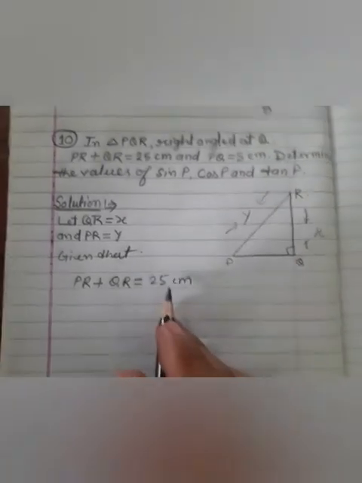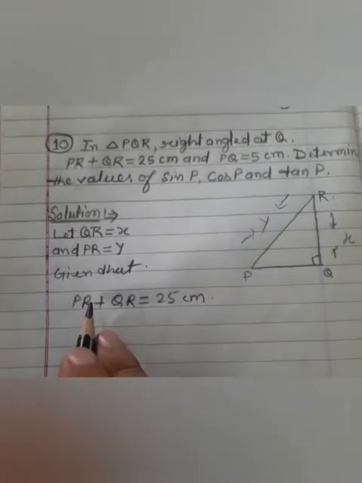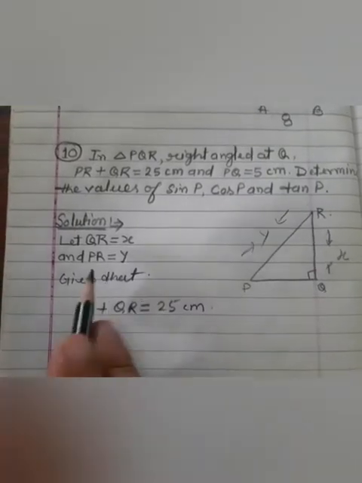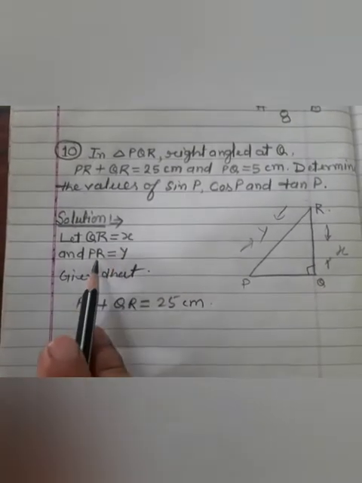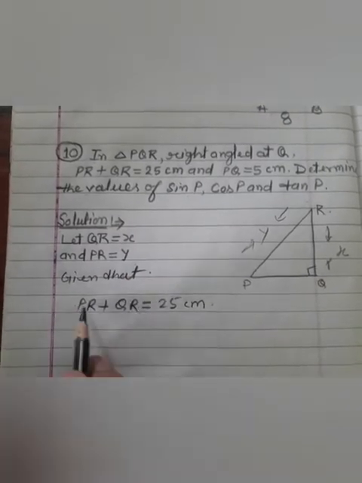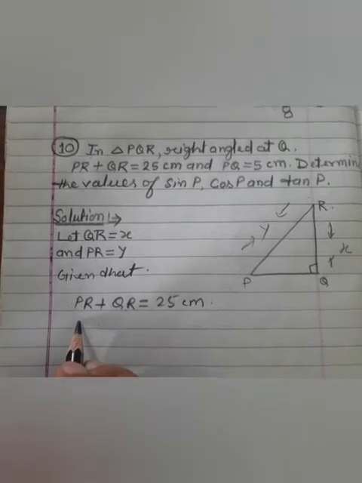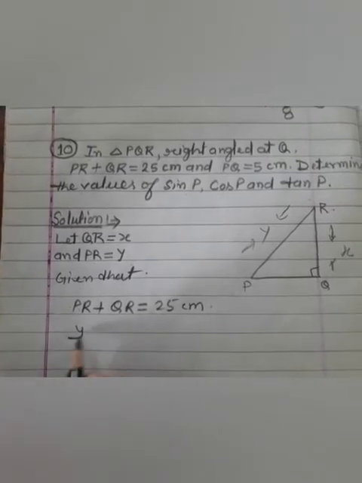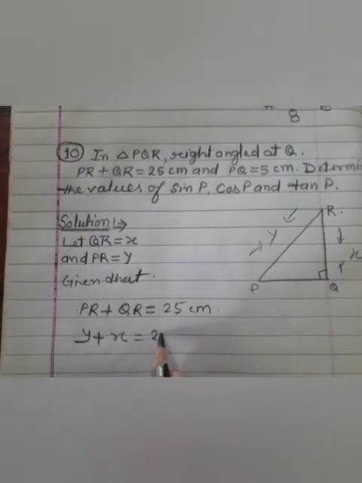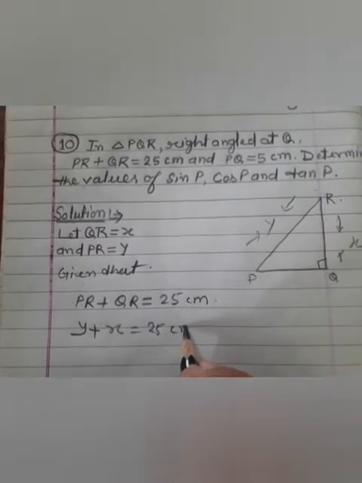So with PR equal to Y and QR equal to X, we get X plus Y is equal to 25 centimeter.